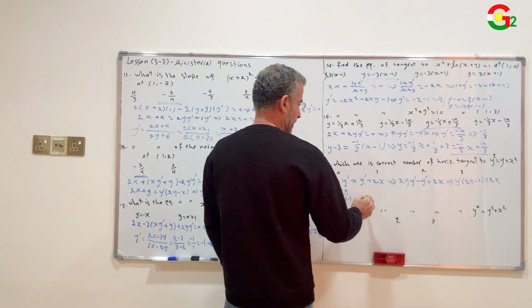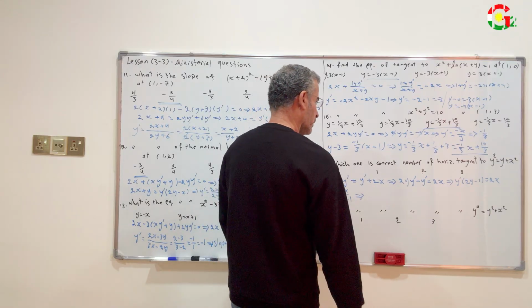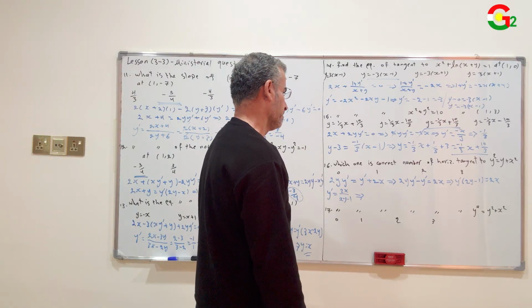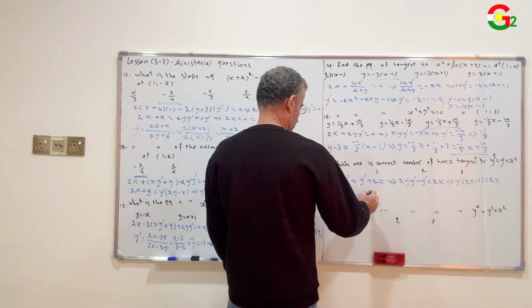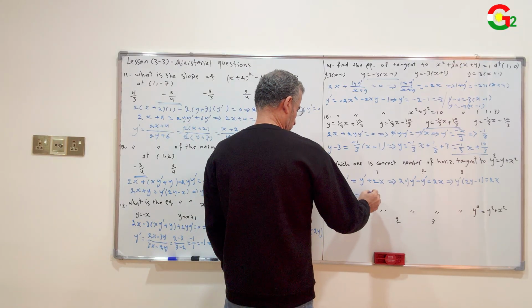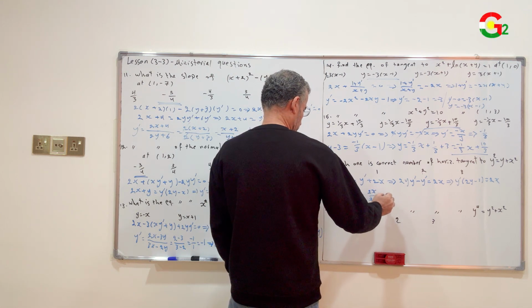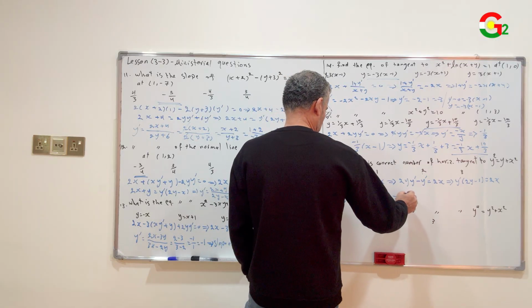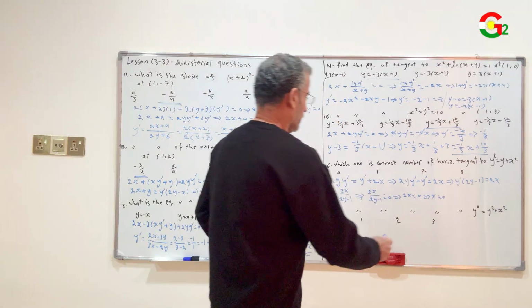Then set 2x over 2y minus 1 equals 0. Then 2x equals 0, then x equals 0.